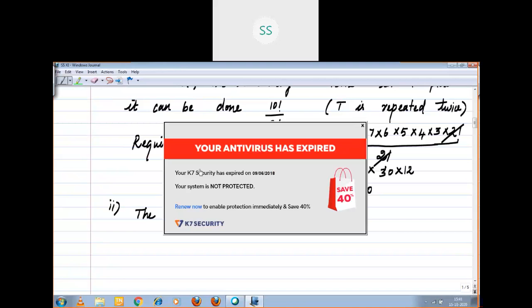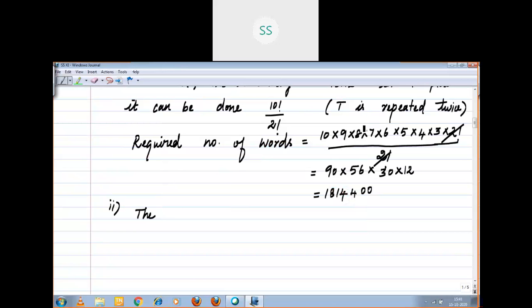So in the second subdivision, there are 5 vowels and 7 consonants. C-O-N-S-O-N-A-N-T-S, 7 consonants.